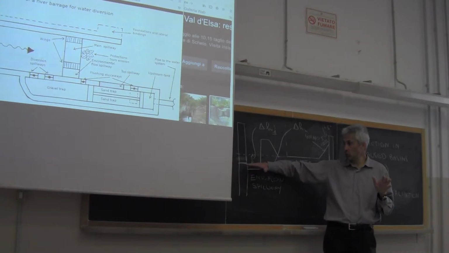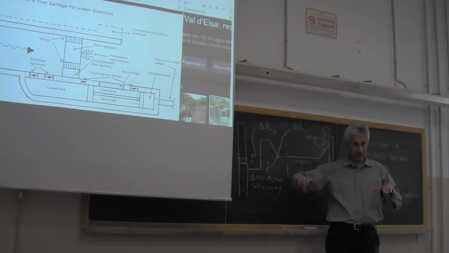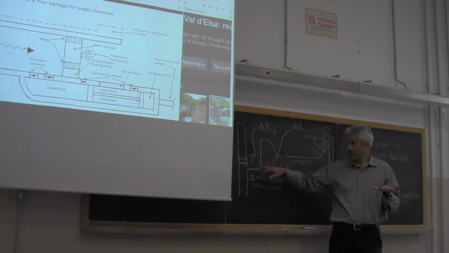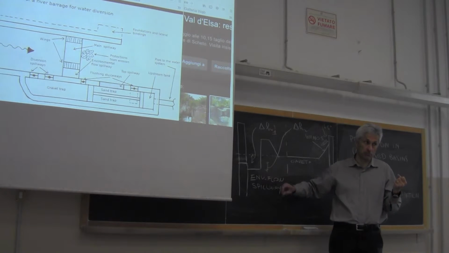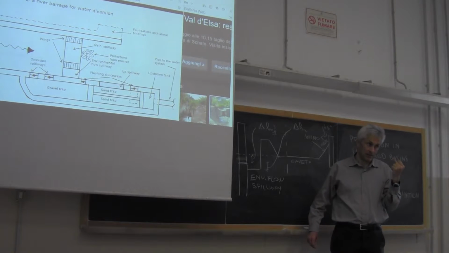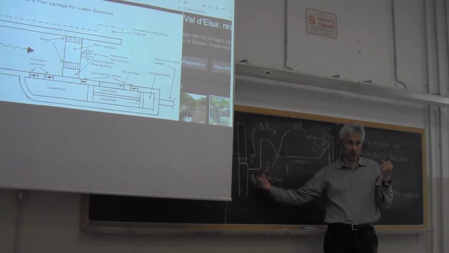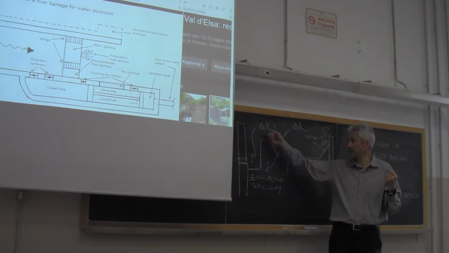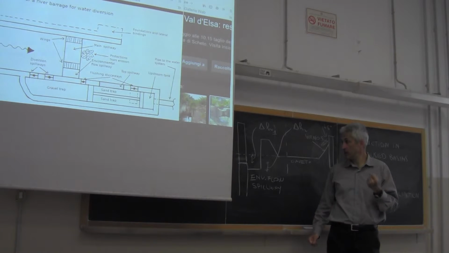Clearly, if you put the diversion level too low, at a level that is not elevated enough, you start the diversion before the full environmental flow is released. So you don't want to make this delta H1 too small.